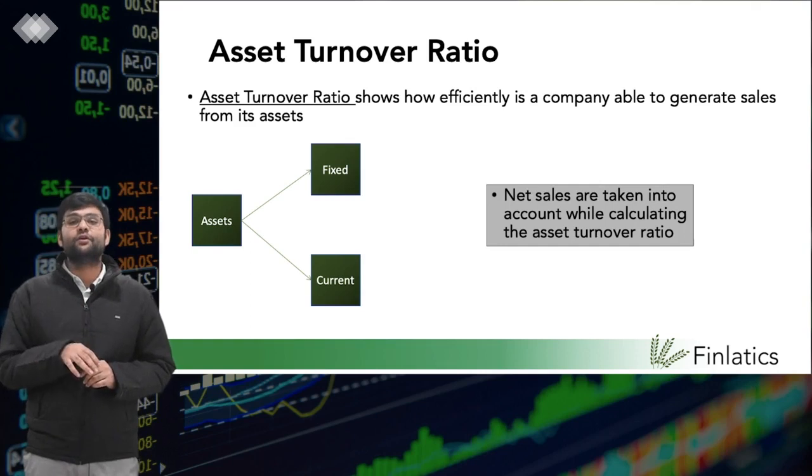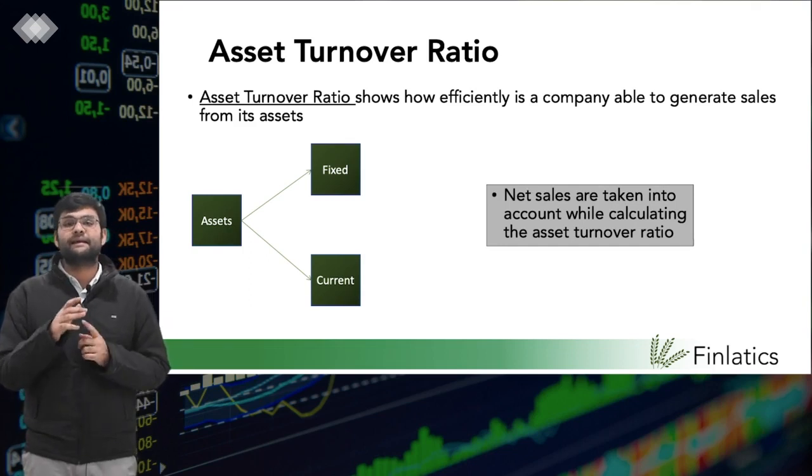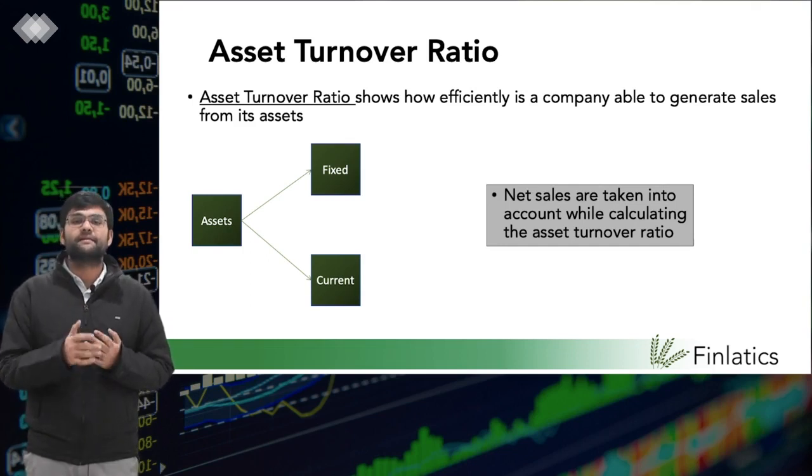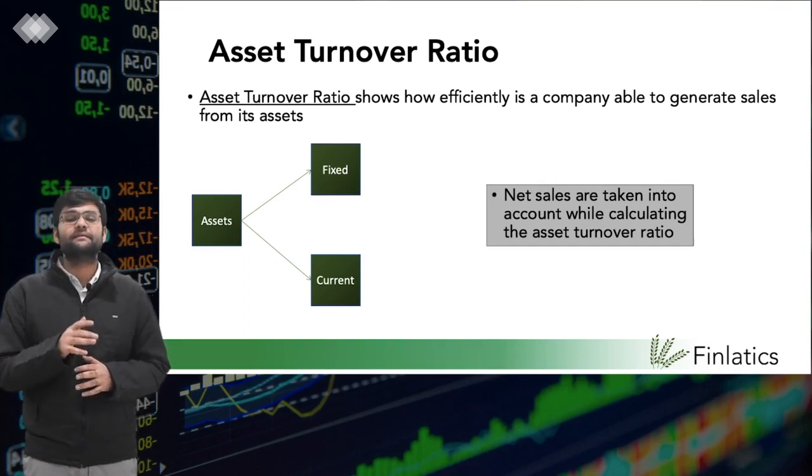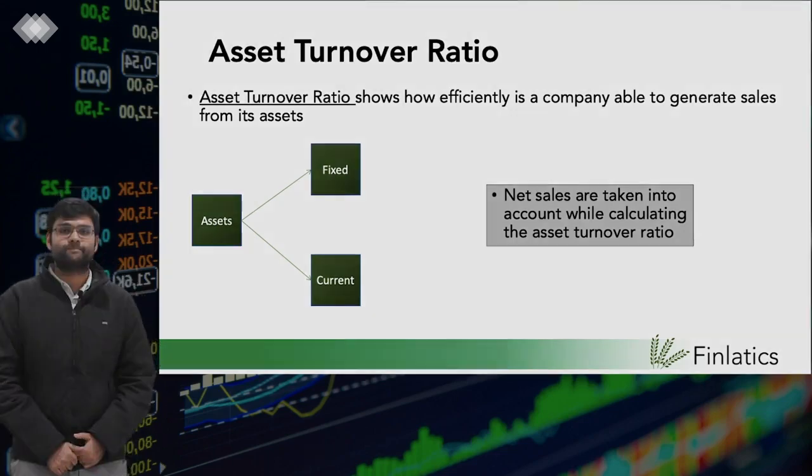The asset turnover ratio takes into account both fixed assets and current assets, making the same calculation for the turnover ratio. Current assets include assets like cash, inventories, among others. Net sales are taken into account while calculating this ratio as well.